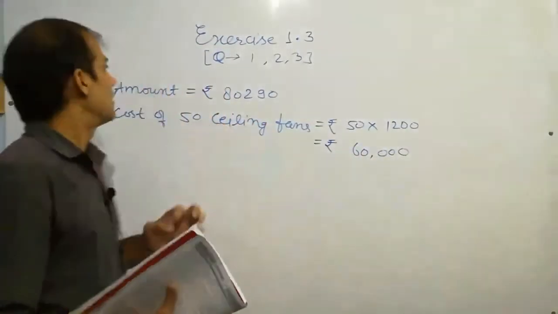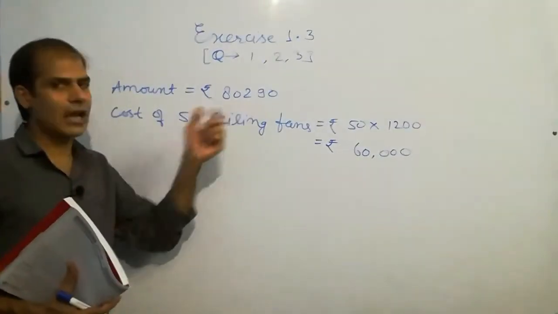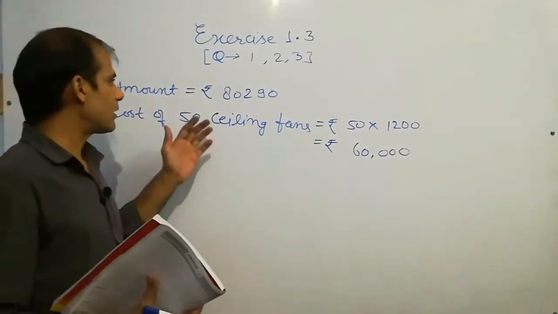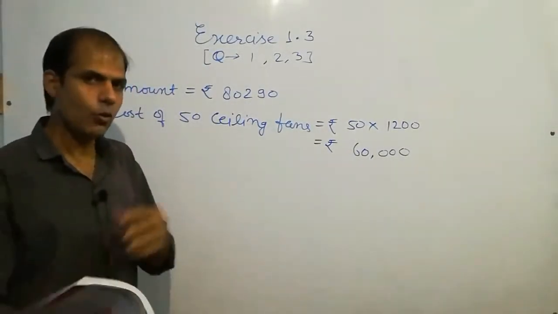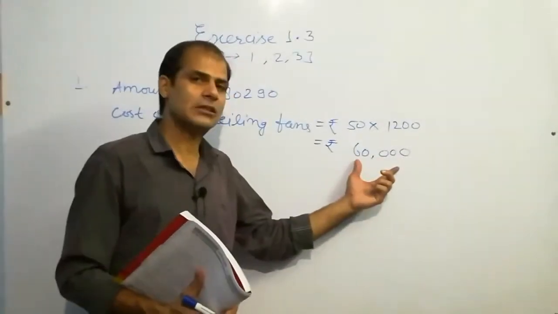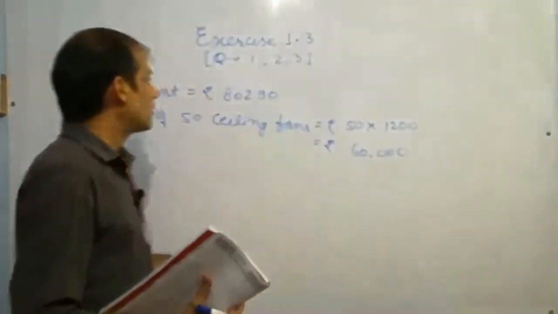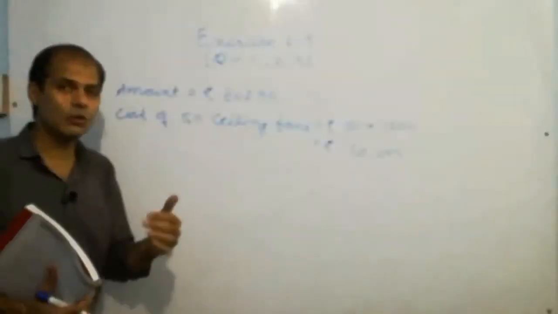It means initially उसके पास 80,290 रुपीज़ थे. जब उसने 50 फैंस का ऑर्डर दिया तो उसने टोटल कितना अमाउंट स्पेंड किया? Rupees 60,000. Then what is the amount left with him? उसके पास कितने रुपए बचे?